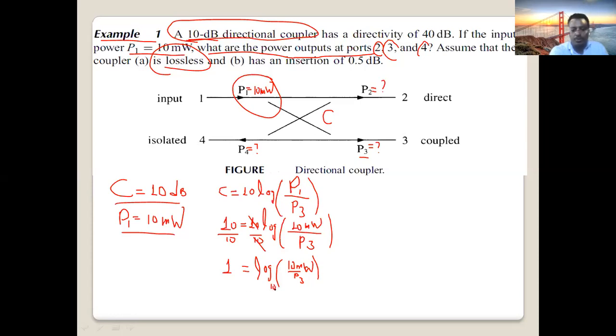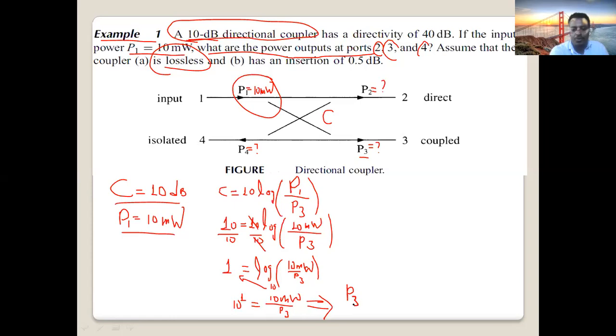So what do we have to do? To cancel the log, we have to use 10 to the power of 1. So 10 to the power of 1 is equal to, now the log cancels, 10 milliwatt divided by P3. So what will be P3?